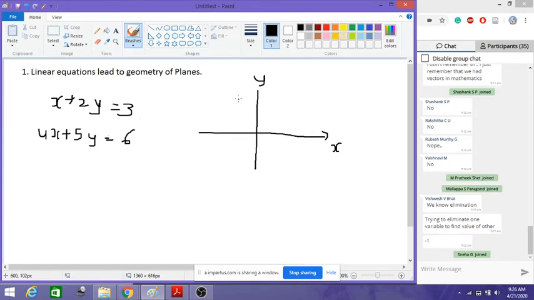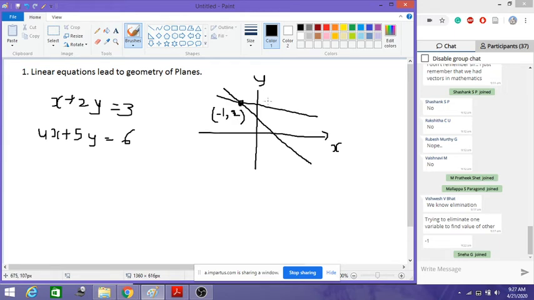Now if we plot this, it will be something like this, a straight line. x plus 2y equal to 3 will give us a straight line, and 4x plus 5y equal to 6 also gives a straight line, and the point of intersection will define our solution here. This intersection point is -1 and 2, so -1 is x and 2 is the y value, which we are trying to find.